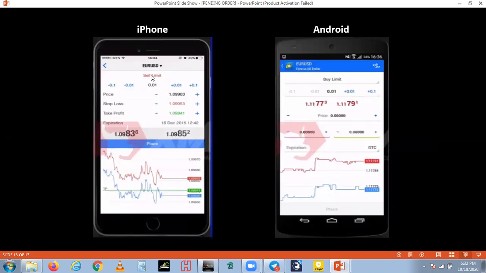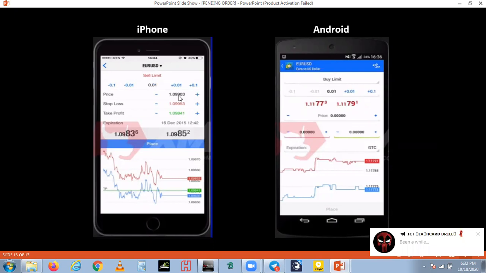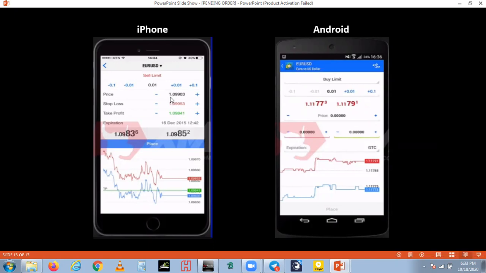So when you see this person placed a sell limit, look at the price, just like the price I showed you, you have to put a price on it. This price is 1.09903, and that's the price. This person placed a stop loss and take profit. I don't think I've talked about stop loss and take profit yet, but this is how it looks. Then you press place.